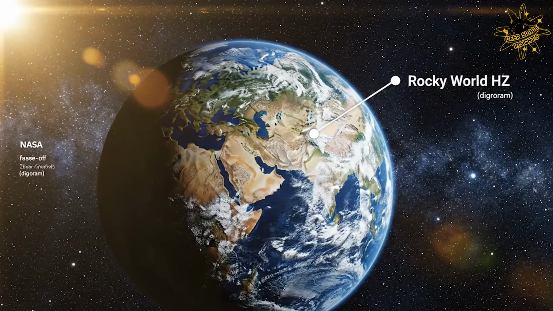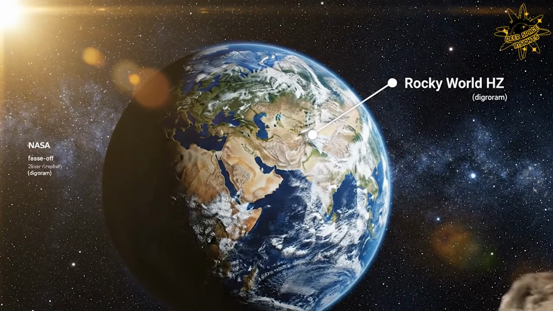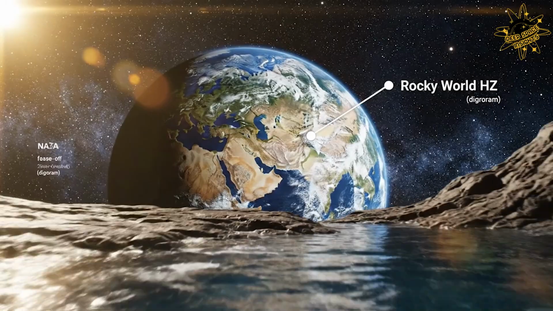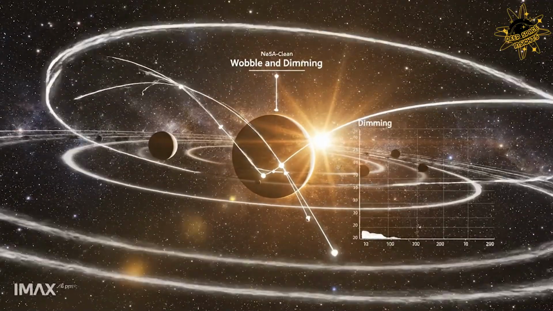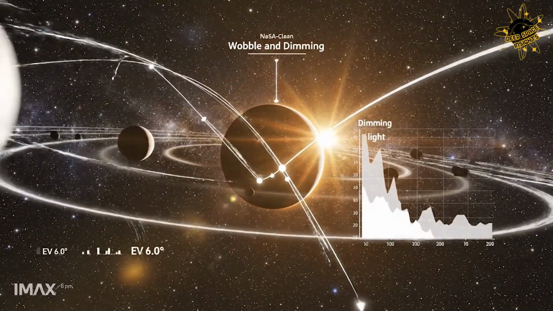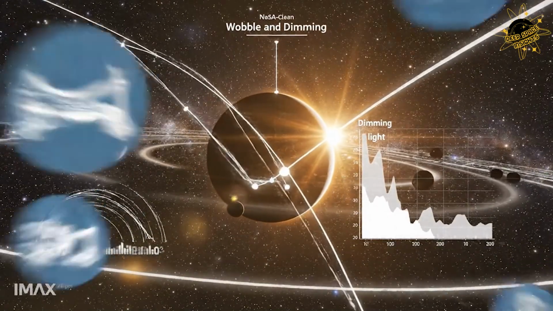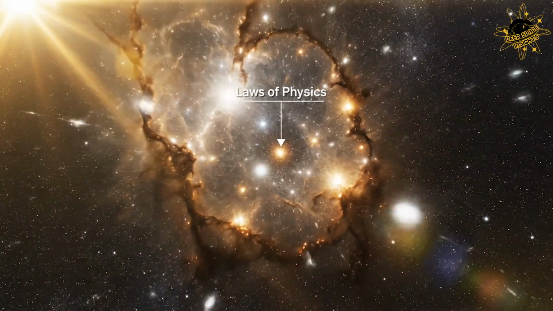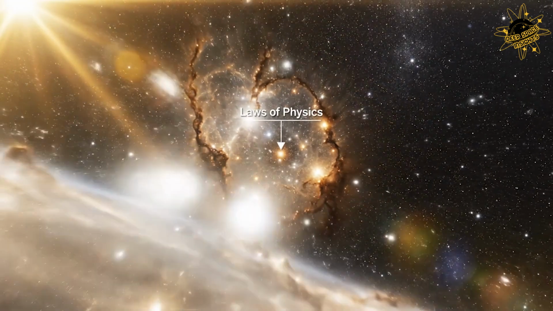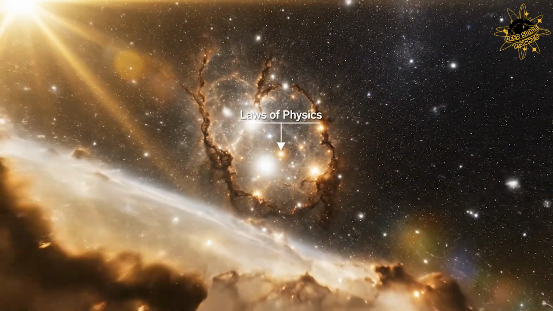Finding a rocky planet with liquid water in the habitable zone is the first necessary step. The search started with the slight stellar wobble and the subtle dimming of starlight. This is why the simple physics of gravity and light are revealing the structure of the cosmos.